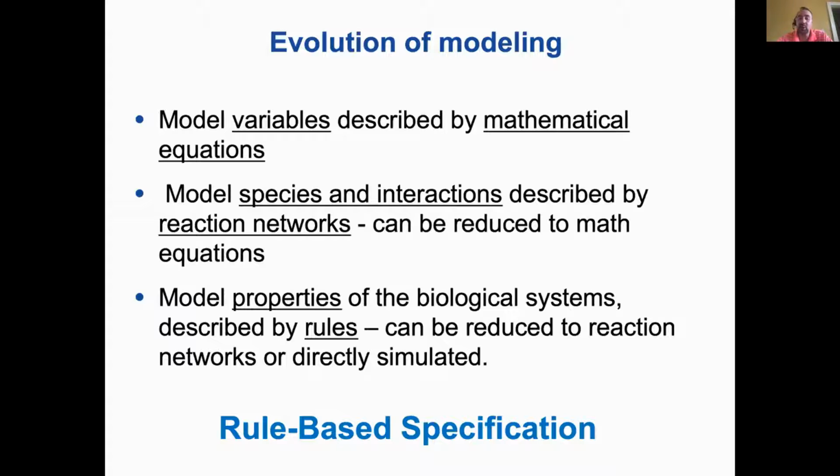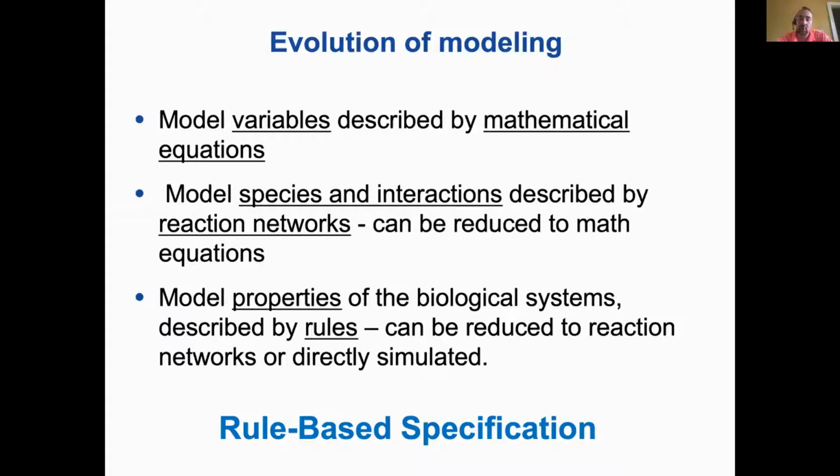So we start with rule-based specification. You have to understand that there is a specification and there is a simulation, and these are quite different issues. The same as in Virtual Cell, you can specify a model in physiology, and then you can simulate it differently using different applications.